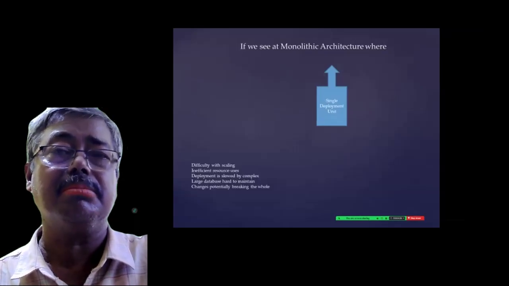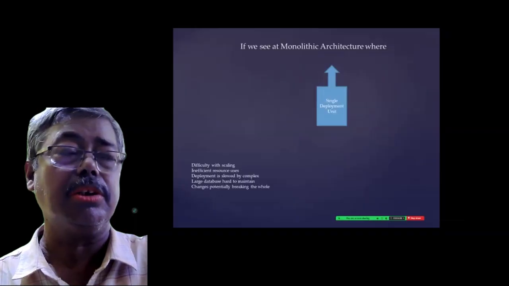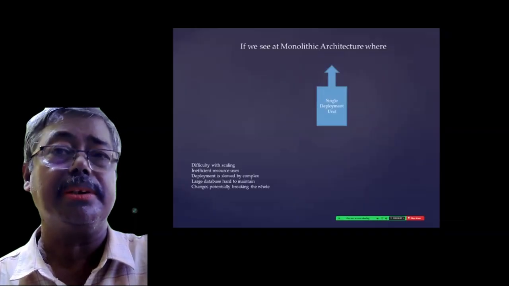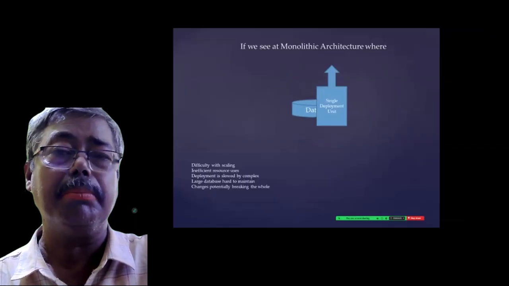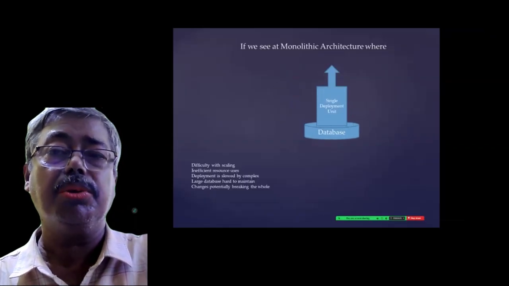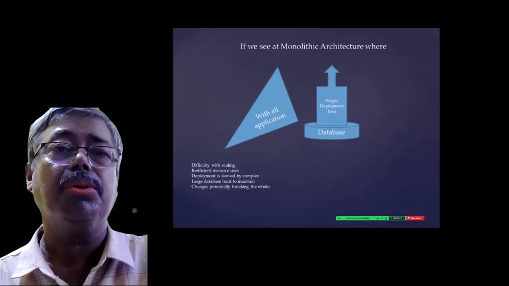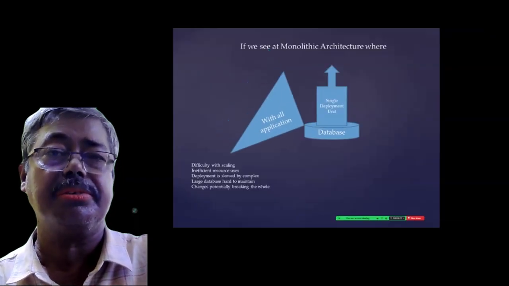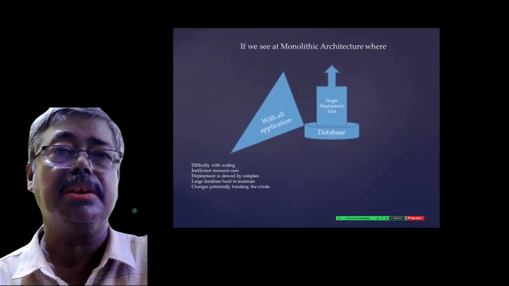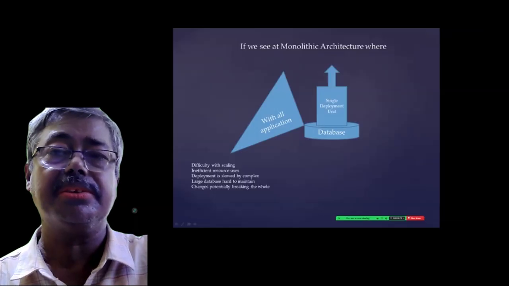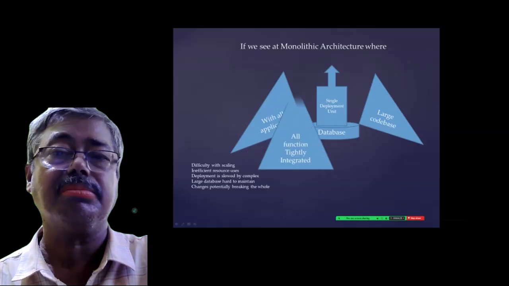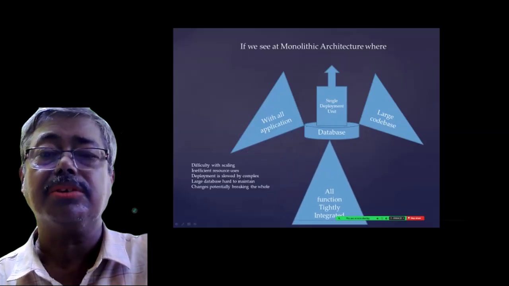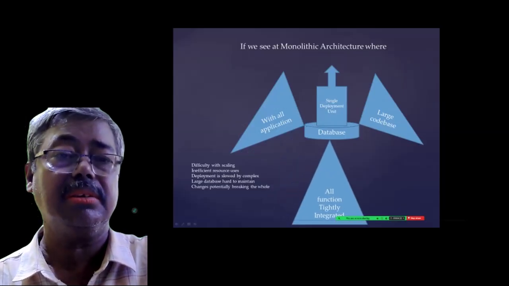At previous times, and nowadays too, there is monolithic architecture, meaning rigid. A simple development was there with the database, with all the application intact, and it is highly integrated. A large code base was there, and the functions were tightly integrated.